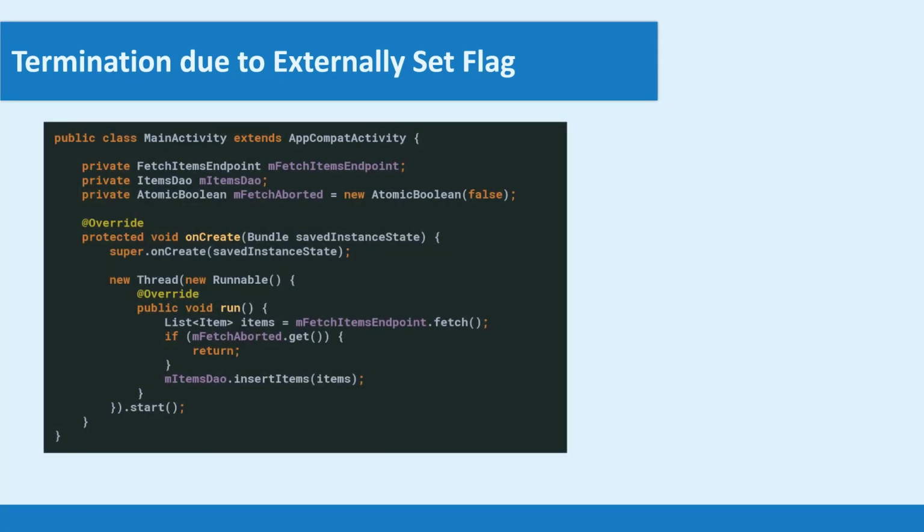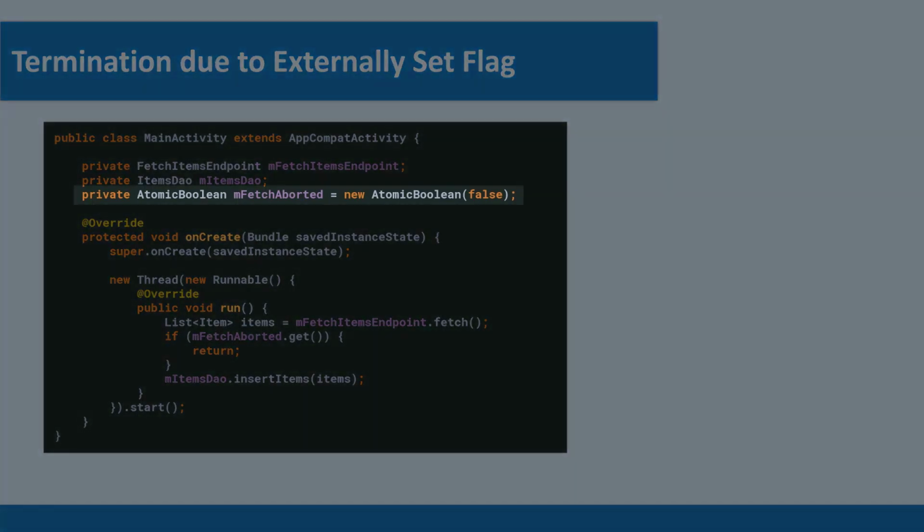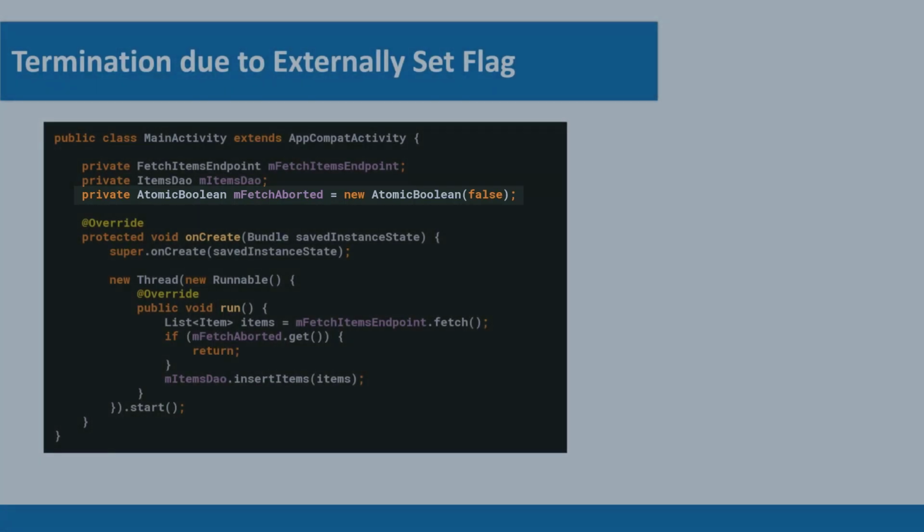The next on our list is termination due to an externally set flag. The setup is very similar to what we had before, but now we have this fetch aborted flag. And of course you are wondering now, what is this atomic boolean thing? We will discuss atomic stuff later in the course. For now, it's enough that you think about this fetch aborted flag as a simple boolean that initially has the value of false.